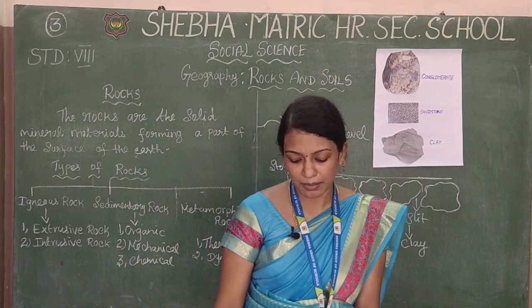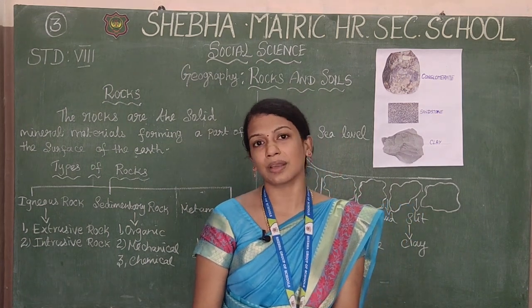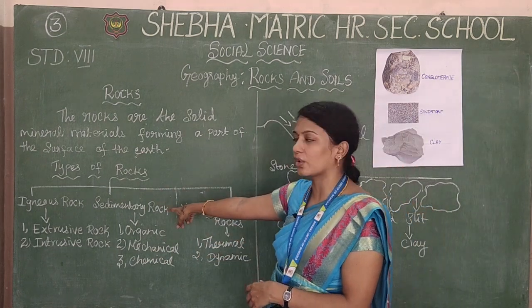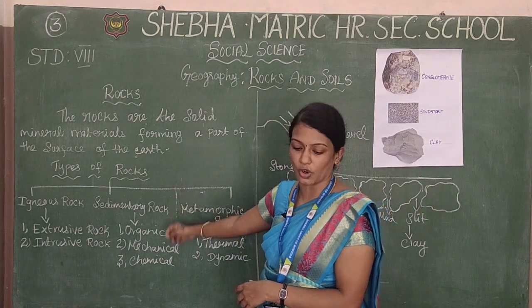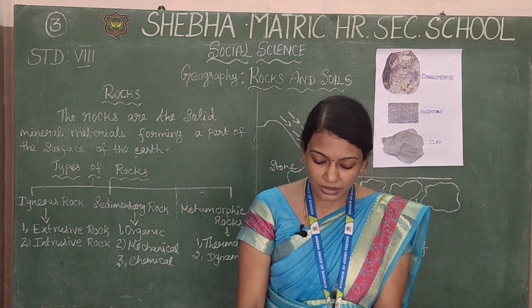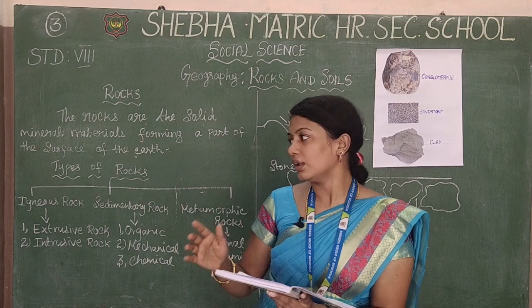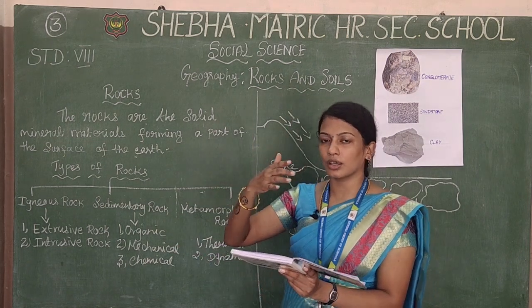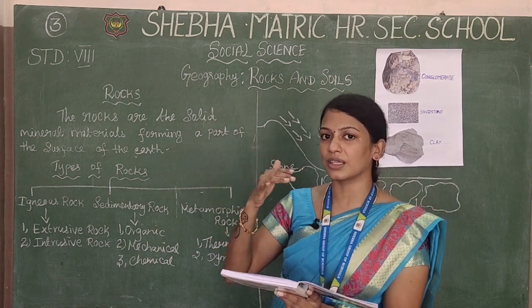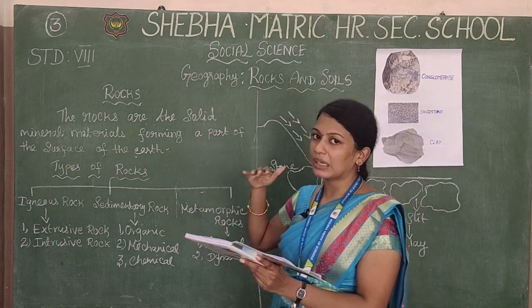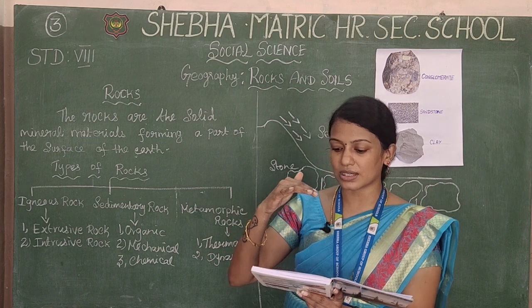In sedimentary rocks also we have some characteristics. I already told you the characteristics of igneous rocks. Now we are going to see the characteristics of sedimentary rocks. The first one is many layers. It takes so many years to make a sedimentary rock, so there are many layers.